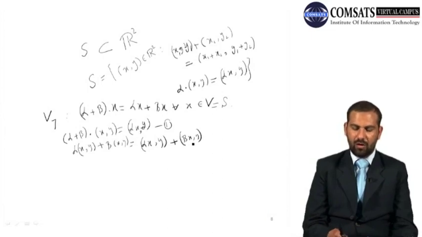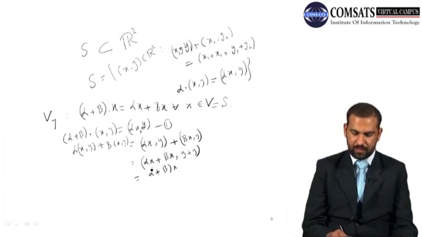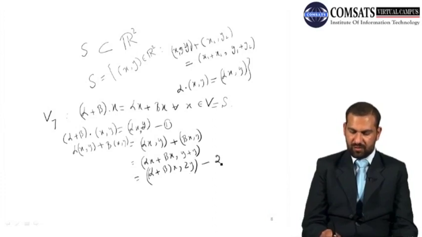And we know how the addition is defined above, so we obtain (alpha x plus beta x, y plus y), which is equal to (alpha plus beta) x, 2y, which is equation number 2.